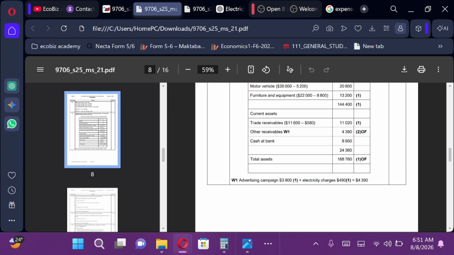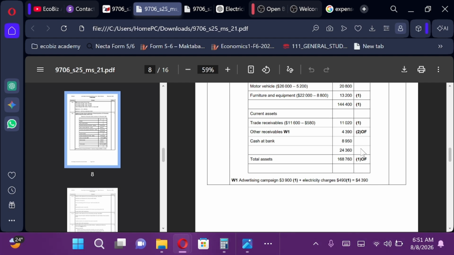That's why it's a current asset, because the company owes us a service. So anytime we want, we can ask the company for the service.